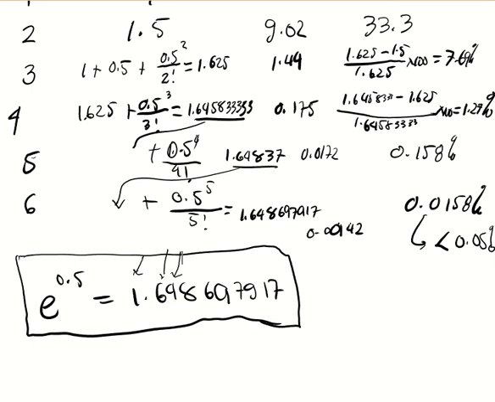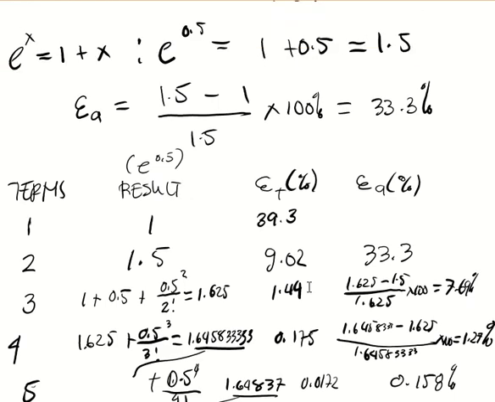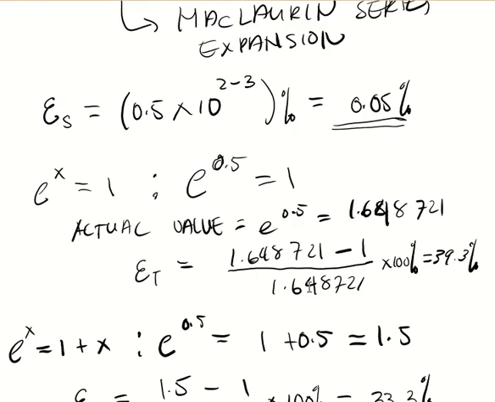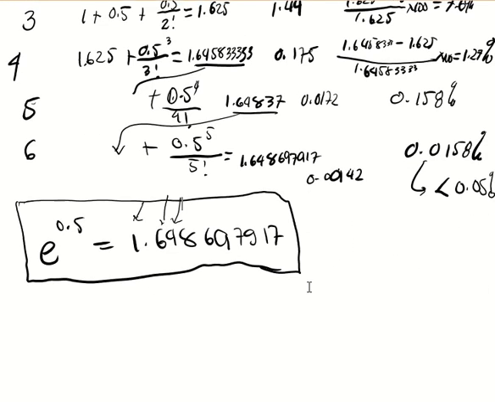So if I tell it, give me e raised to 0.5 up to 6 significant figures, then your program should give me up to 6 accurate significant figures by using this algorithm. What we did here is actually an algorithm that we can transfer into a computer program.